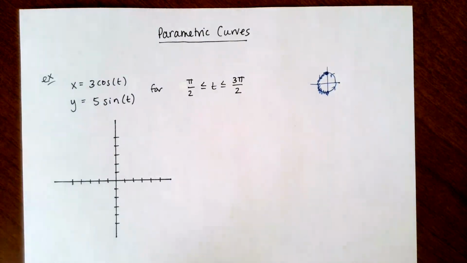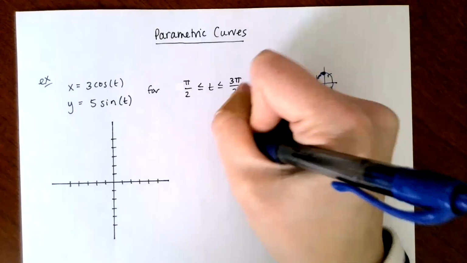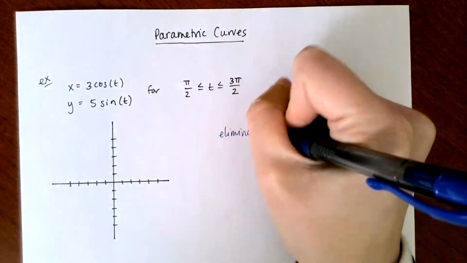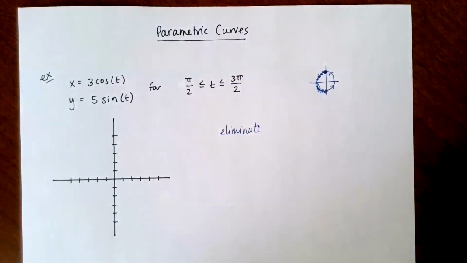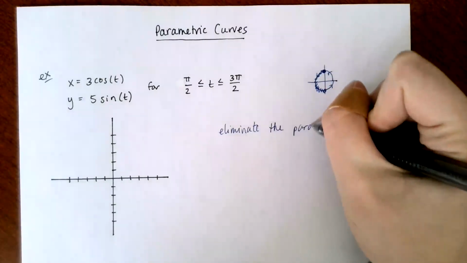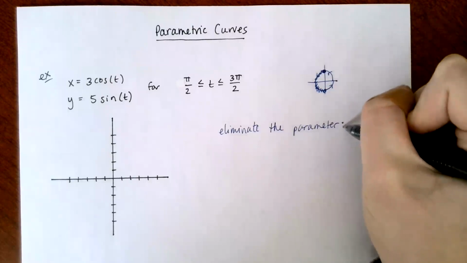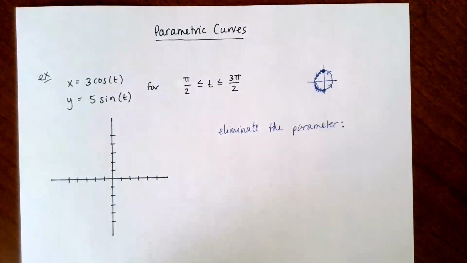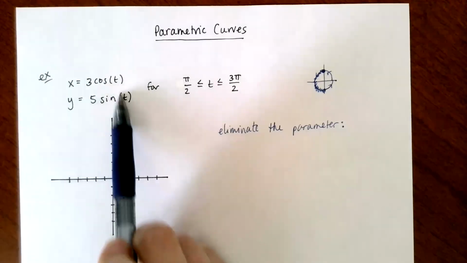Before I do that though, I'm just going to eliminate the parameter in this case. Sometimes we don't need to do this to do the sketch, but it's always good practice. Eliminating the parameter, the fancy phrasing, means writing an equation that just involves x and y and cuts out the t value.